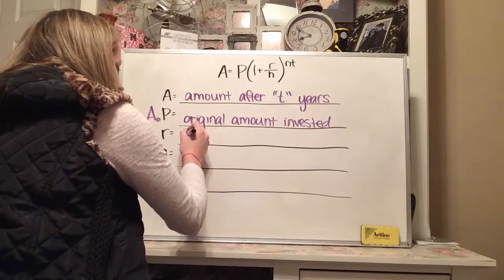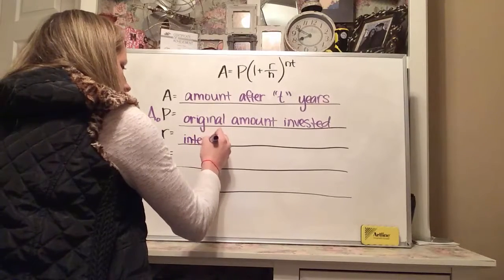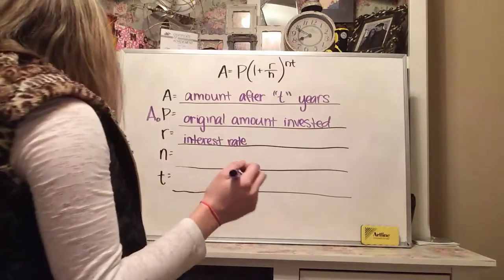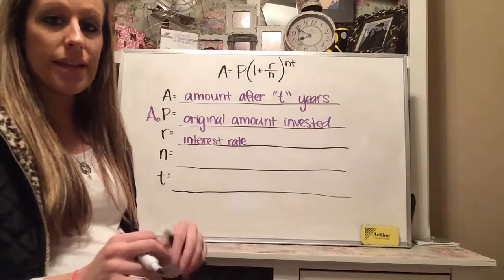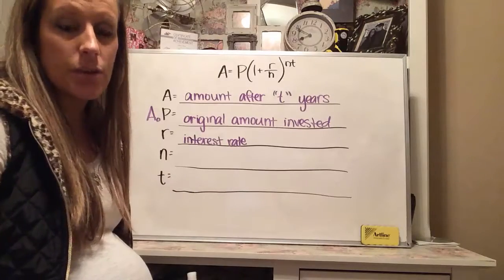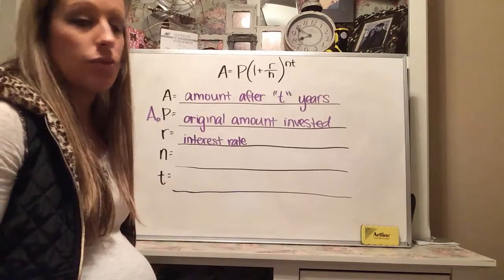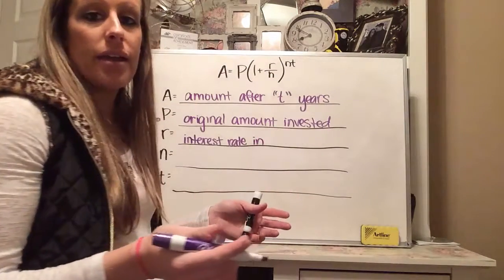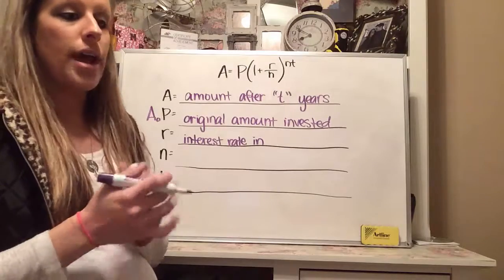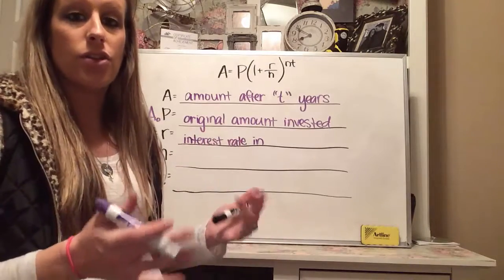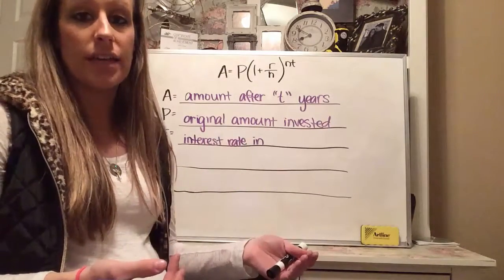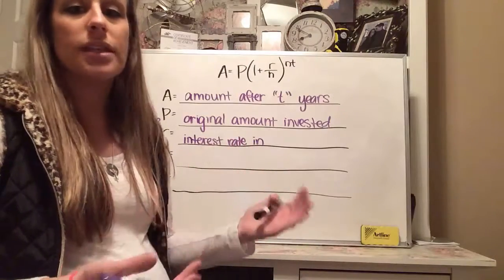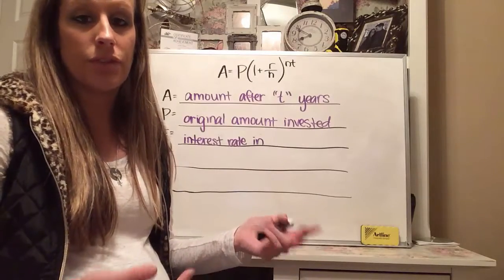The R stands for the interest rate. Now the thing about your interest rate, whenever you put your rate into your formula to solve these equations, it has to be in decimal form. So they'll give you your rate, like they'll say you have this bank account that you invested $200 in that pays 6% interest every year, or annually.